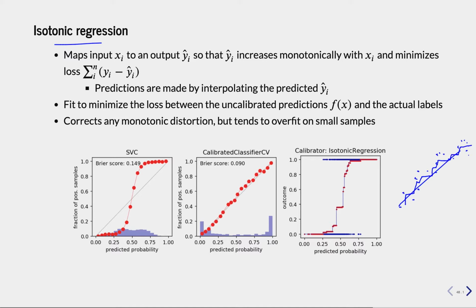So it's more flexible. It doesn't have to be a straight line. The only requirement is that it increases all the time. So it either stays flat or it has to increase. So it's monotonic. Right? And basically, we learn this by learning a weight for every point in our training set.